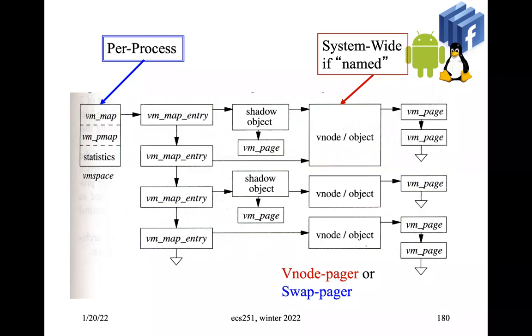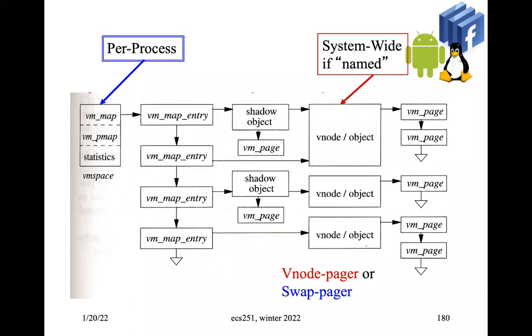Then they have this shadow object, which is related to homework assignment number 1 that we're talking about. Here you have a VM page, which is inside the memory or the cache memory that supports that map.